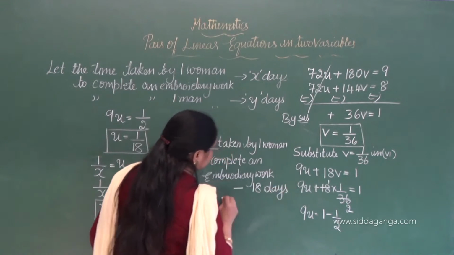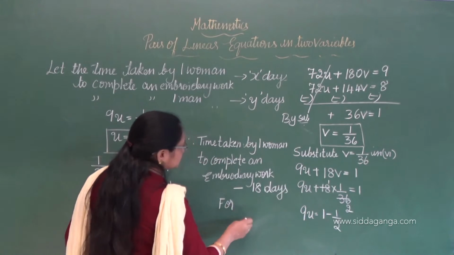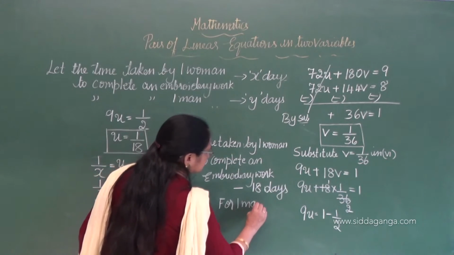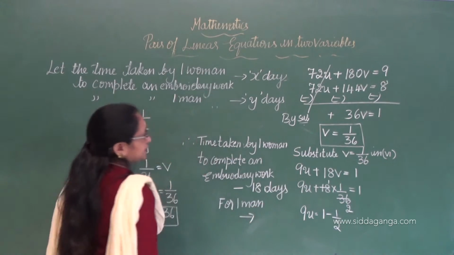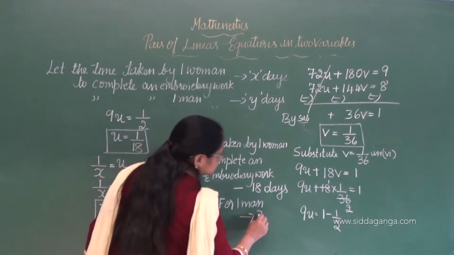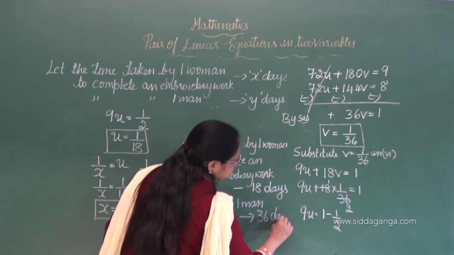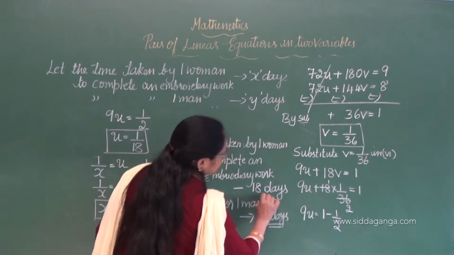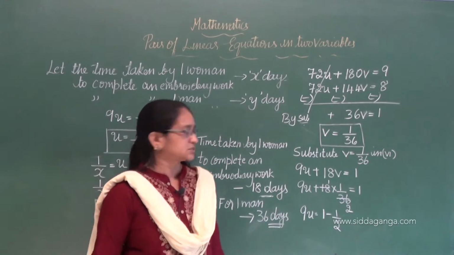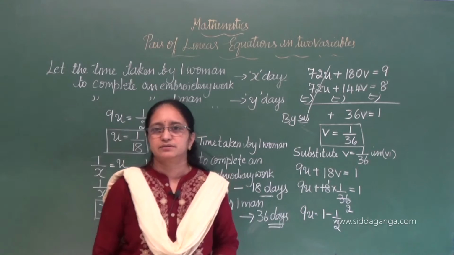Same way for men, for one man, how many days does he need to complete? That is 36 days. Correct? So this is how you have to solve the problem. Okay? Thank you.